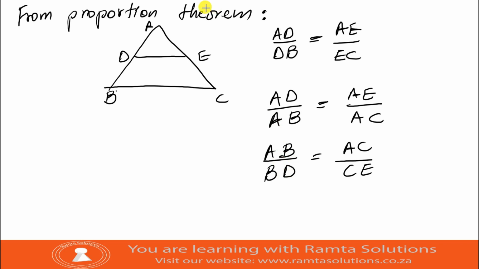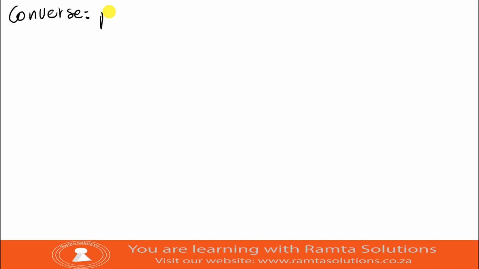Let's proceed. So the converse of the proportion theorem, we're not going to prove it, okay? Of course, this is not for your exam, so this is why I'm not going to prove it, but I will make a video of this proof later.